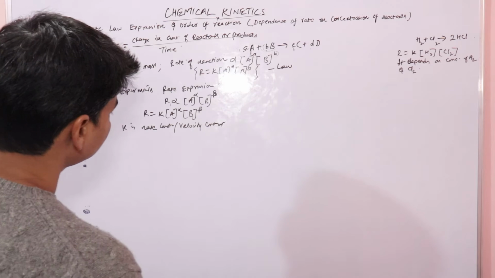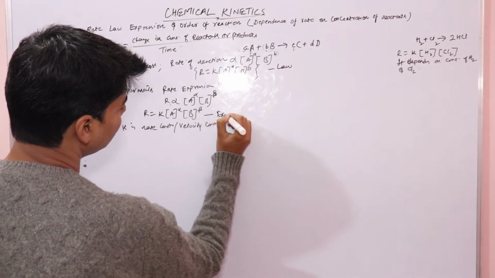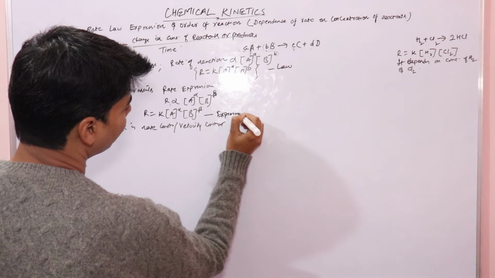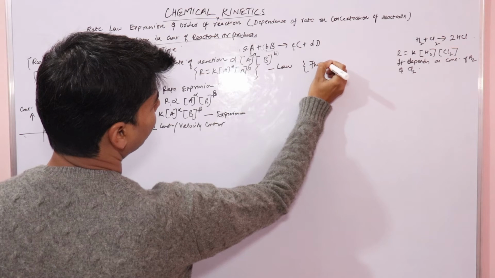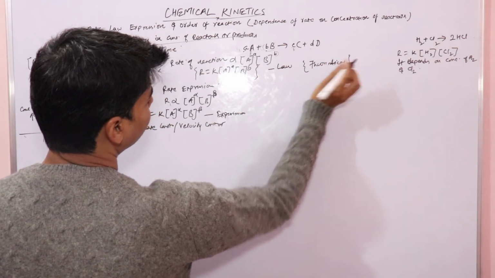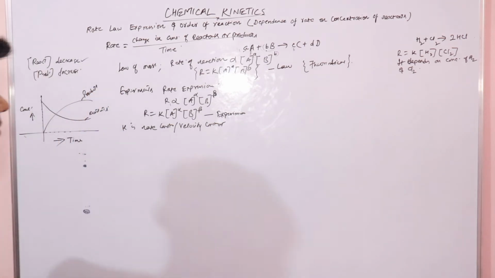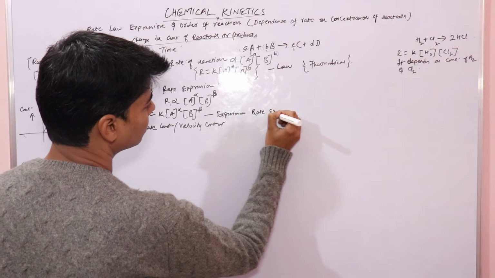So this is your experimental, and this is your theoretical rate expression. This is your experimental rate expression.